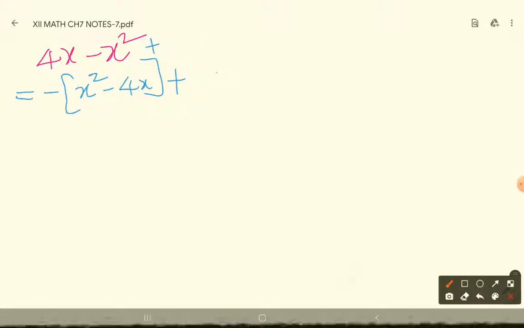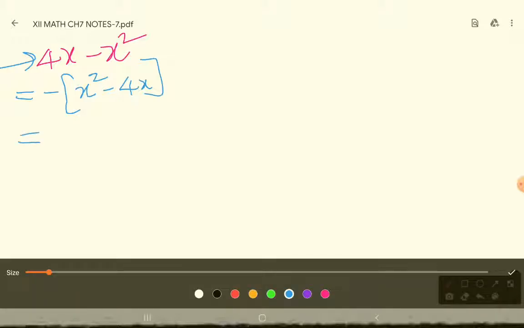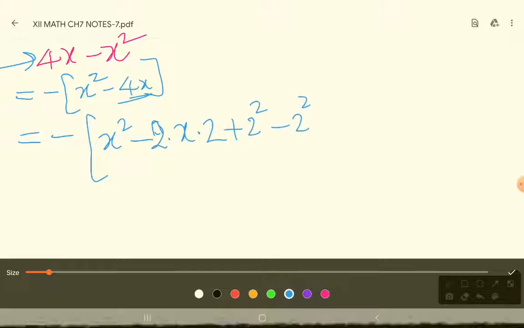So this is the question to be converted into completing square: 4x minus x square. First take minus out, then only x square is a perfect square. So you get that is equal to minus, inside: x square minus 4x is the middle term. 2 into minus 2 into x into 2, because 2 2s are 4, plus 2 square minus 2 square.